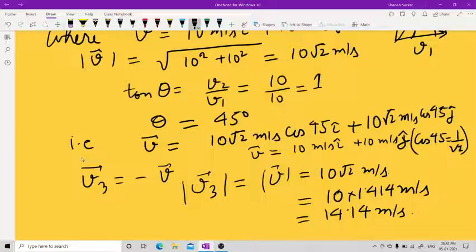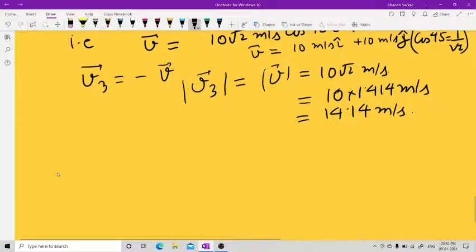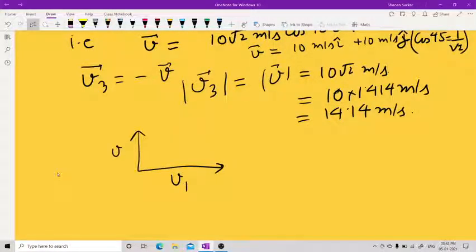Now, just a minute, let me take some page. Yes, now if you see the picture, you will understand. This was v1, this was v2, this was the resultant v. V3 went in this direction, just the opposite to this. V3 had a value of this much.